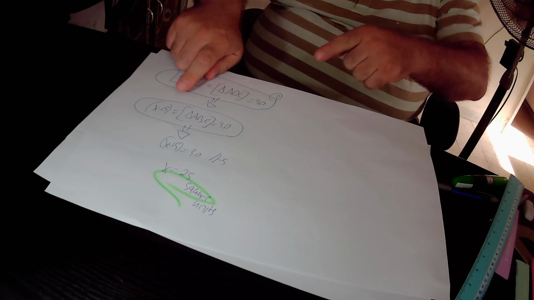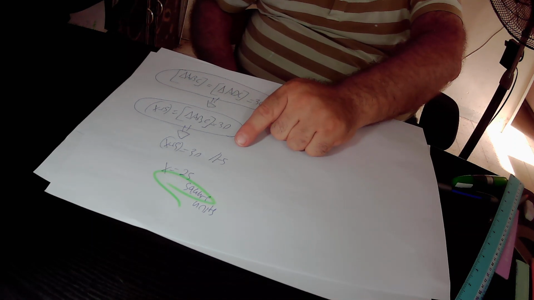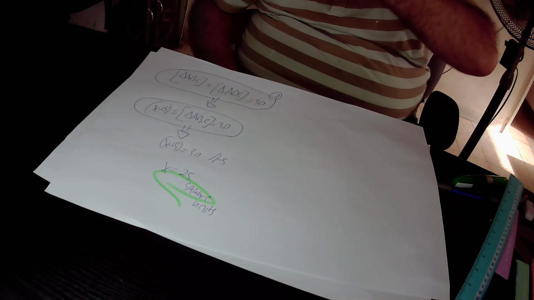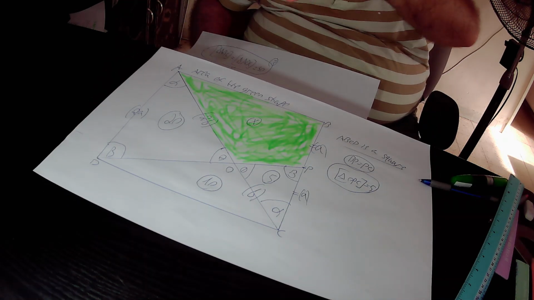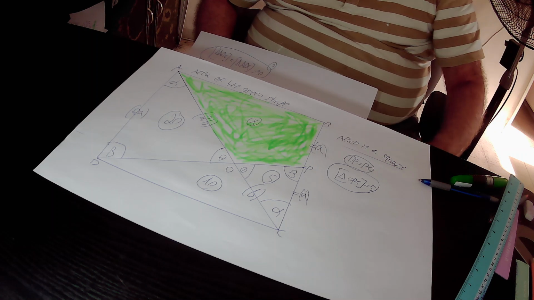We derive that x plus 5 equals 30. Here we subtract 5 from this equation and finally found out that x equals 30 minus 5, that is 25. X is the area of the green shape. So in total, we have found out the area of this green shape is equal to 25 square units.